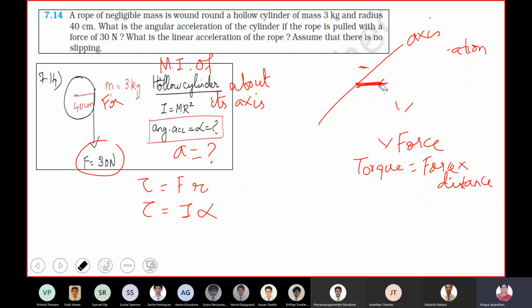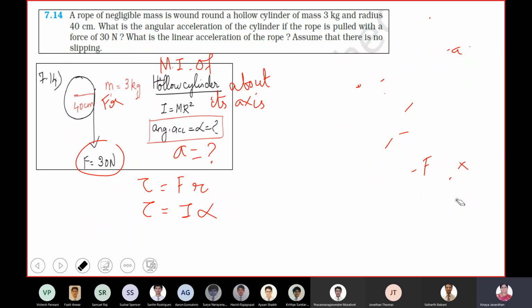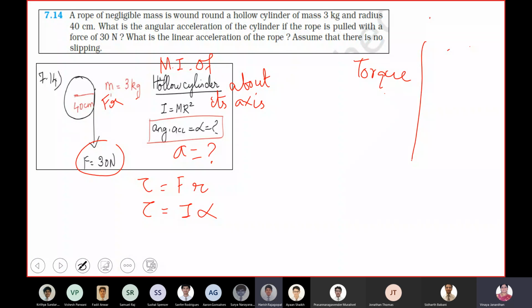I need to go over some formulas here for a second. There are two different formulas for torque, and you can write somewhere, angular momentum, boys.